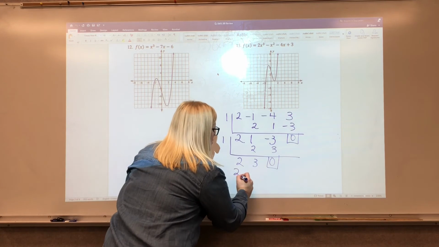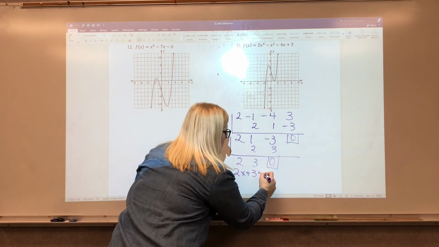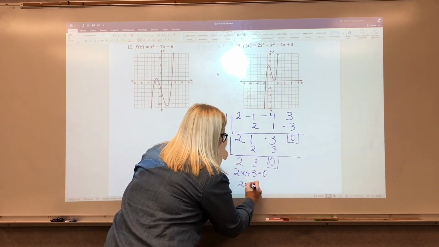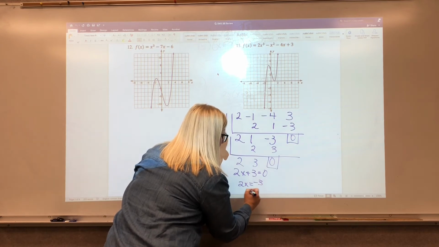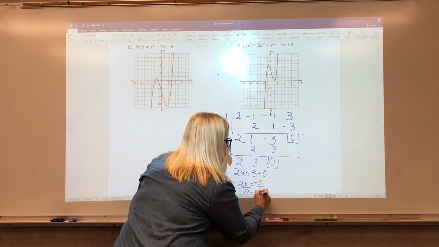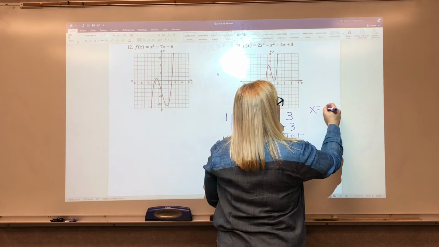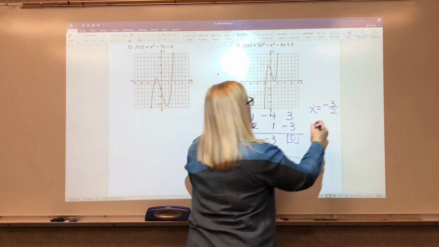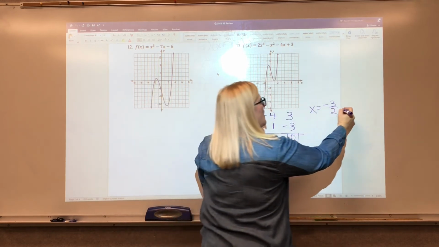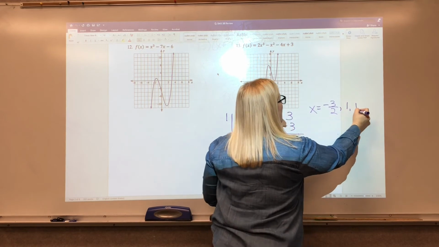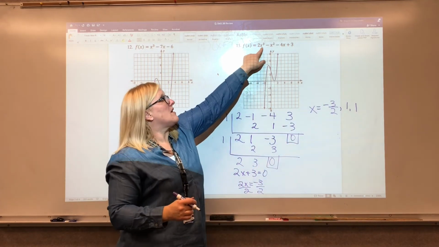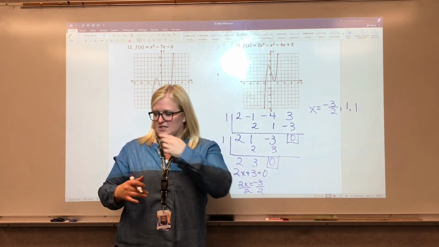So this is 2x plus 3 equals 0. So 2x equals -3. Divide by 2. x equals -3/2, which is exactly what we thought it was. And 1, and 1. So there are my 3 solutions.